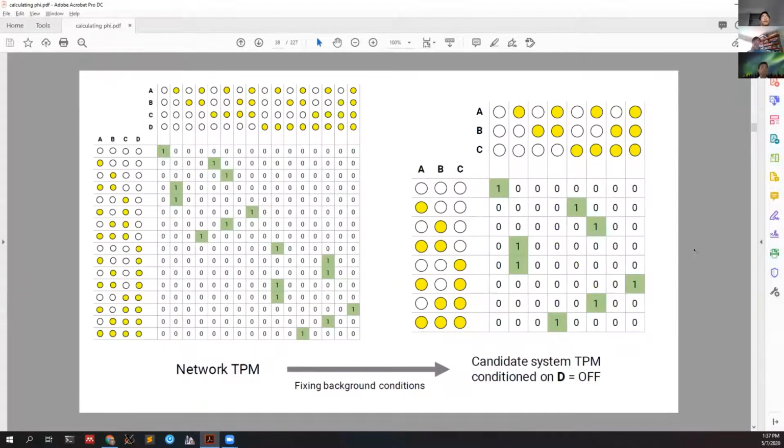Okay. So from this full network TPM here, we focus on the case of the states at the current time step, and then focus only on A, B, C, a candidate system.